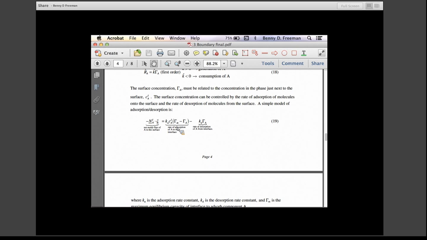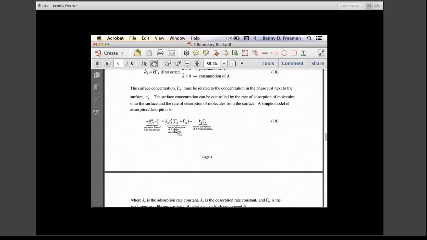It assumes that there's a maximum number of slots on that surface that can hold A, and the rate of adsorption is proportional to essentially the fractional occupancy of the surface, and proportional to how much A is just next to the surface that's available to participate in adsorption.